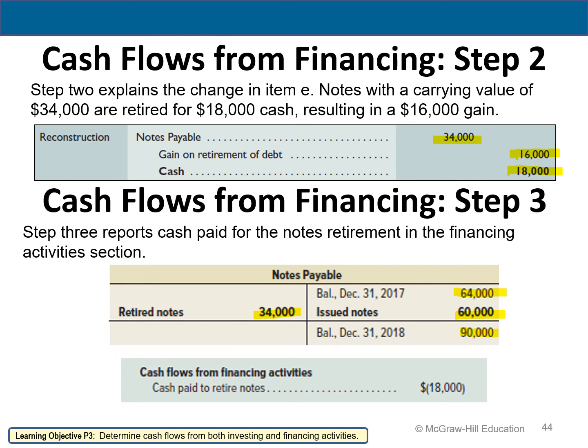So the cash related part of this transaction is this $18,000. So yes, our account balance changed by something different than that, but that's why you do the reconstruction analysis, because you're trying to find the cash piece of the transaction. So cash flow from financing activities, cash paid to retire the notes, we paid $18,000 cash. That's a reduction in our cash, so it's reported as a negative.